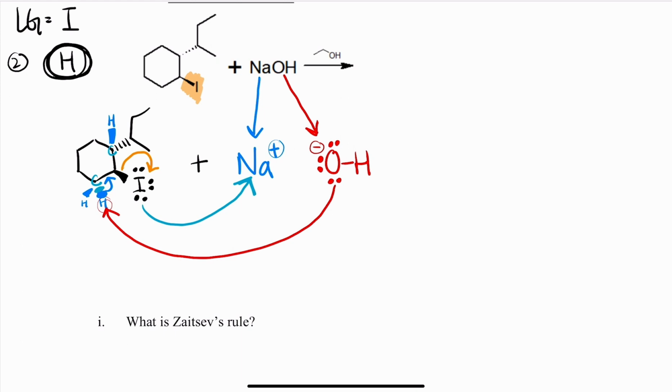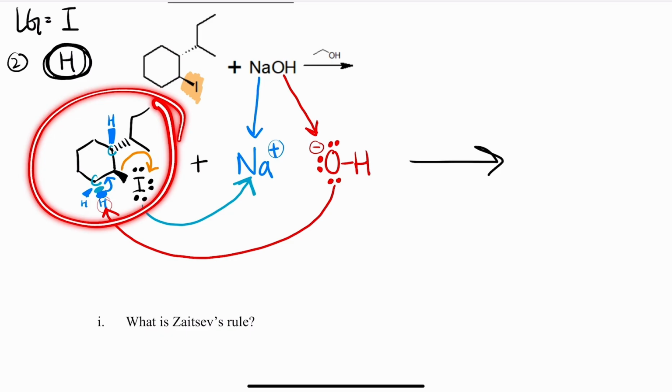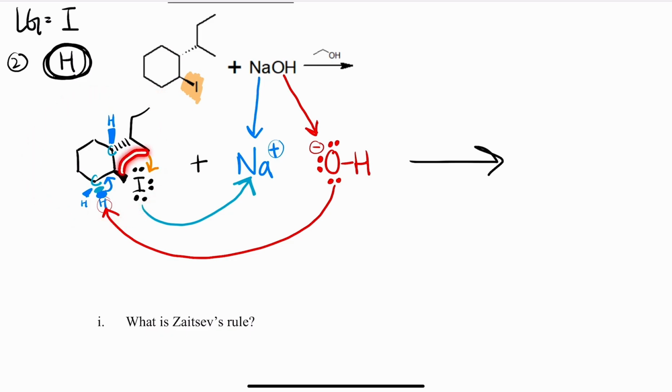So now you have to basically draw the result of all of this. What happened from all these arrows? Well, let's go back. This molecule, what happened? This iodine broke off at the same time, combined with this sodium, positive, opposite charged, right?